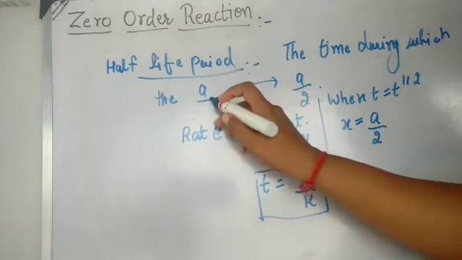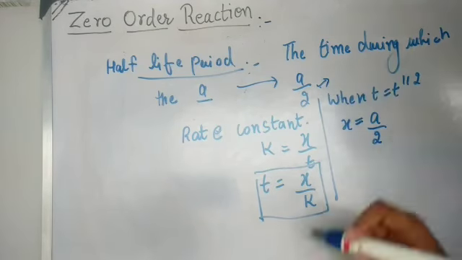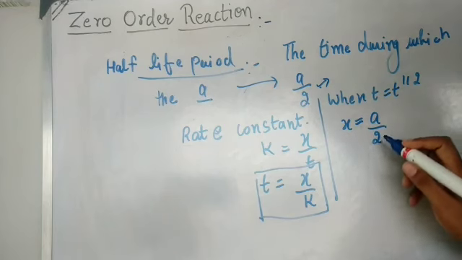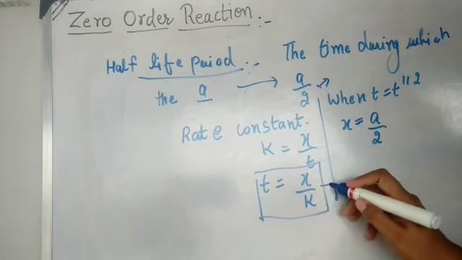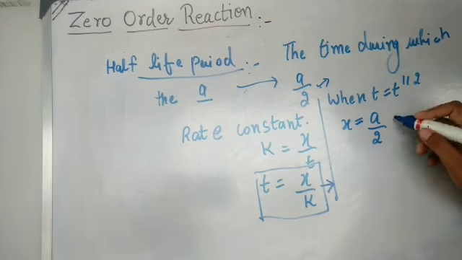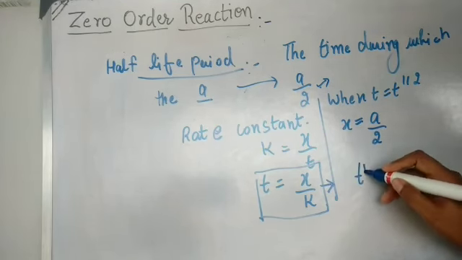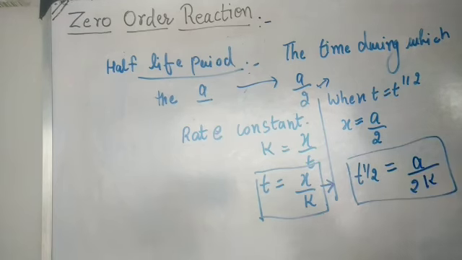Suppose initial concentration is A, so when the time is half-life, your concentration will be A by 2. When you put the value of T half and A by 2 for X, you will get T half is equal to A by 2K. So this is the expression for half-life.